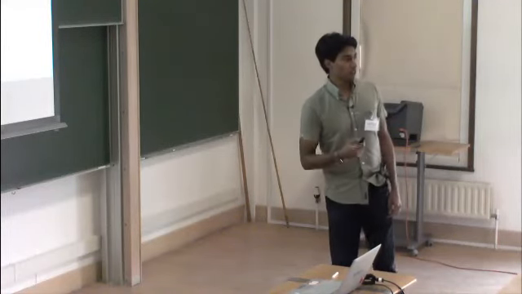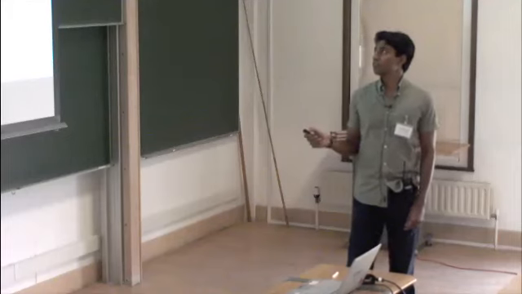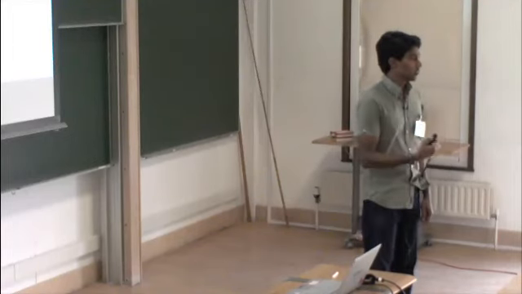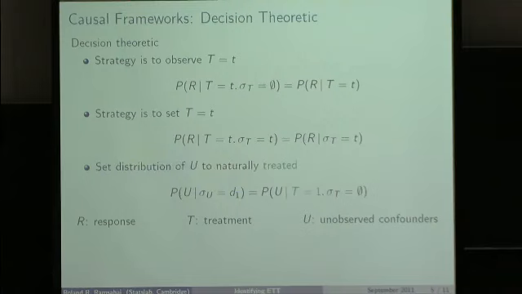The decision theoretic framework includes additional strategy variables, these sigma, that represent the strategy by which a variable acquires its value. So in this case, if you observe T equal to t and you don't intervene on treatment, T acquires its value naturally and sigma_T is set to the empty set. And this is equal to the usual conditional probability because we don't intervene.